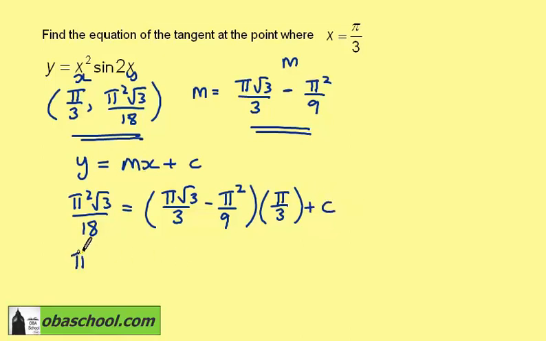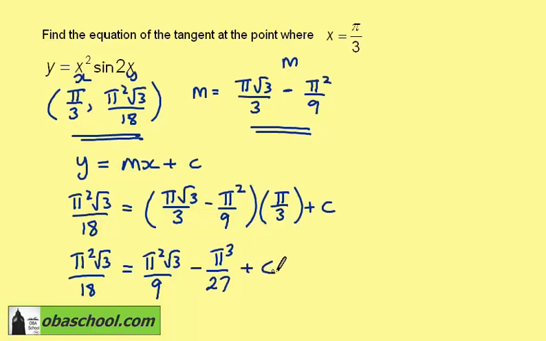We need to expand the bracket, so π squared root 3 over 18 is going to be π squared root 3 over 9, take away π cubed over 27 plus c. We want the c on its own.